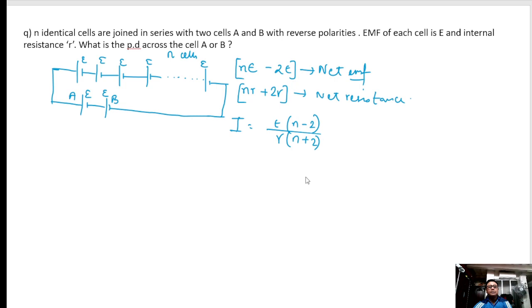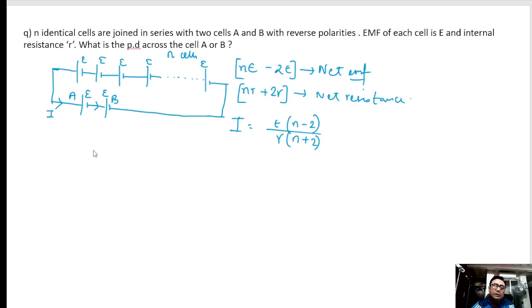If this is the net current, they are telling what is the potential difference across cell A or cell B. The current will enter into this part. Clear?